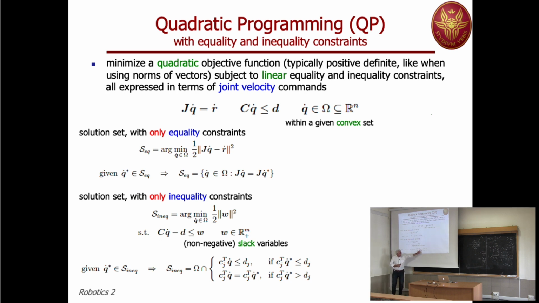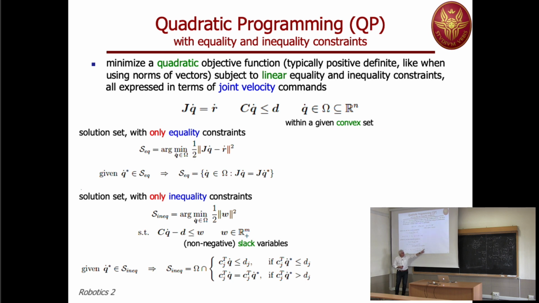And if your Q dot star was satisfying inequality j, so was giving Cj transpose, the jth row of the matrix C, times Q dot star less or equal than this scalar dj, then all other Q dots that you consider in the set of solution to this inequality should satisfy that inequality as well.